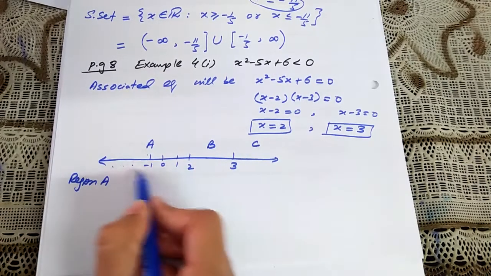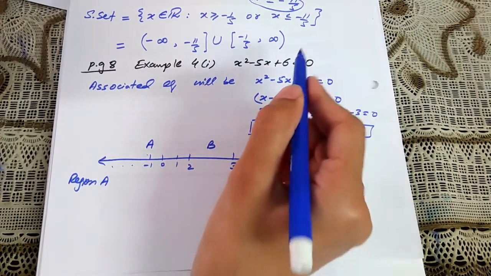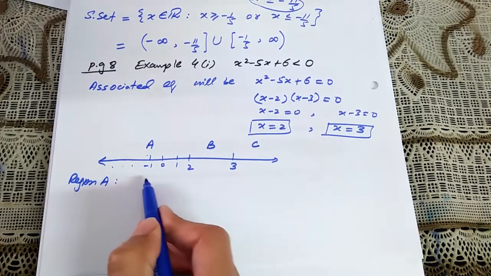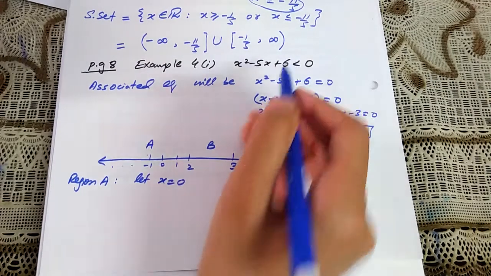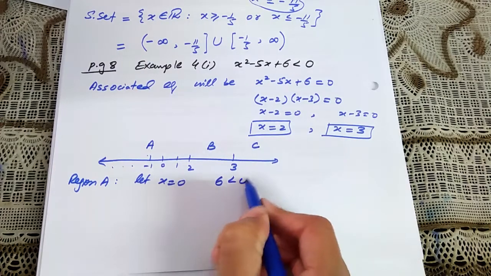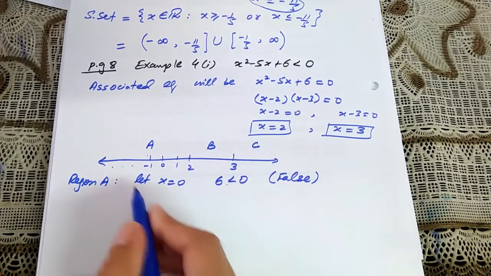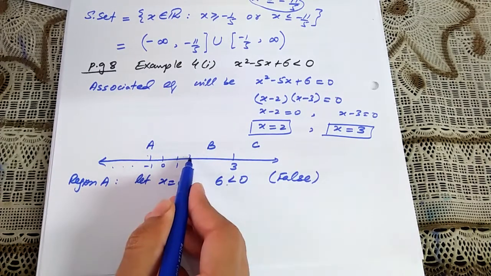You can take any point from this region, put it in this inequality and check whether this point holds or not. So from region A, let x equal 0 and put it in. We will get 6. And what is given here? Less than 0. This is false. We know that 6 cannot be less than 0. So it means our region A is not included in our solution.